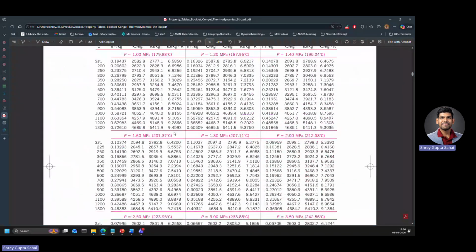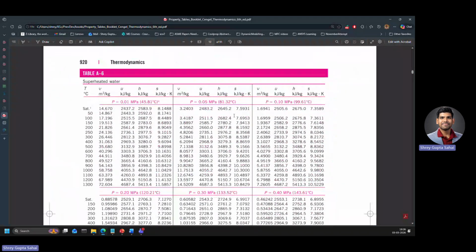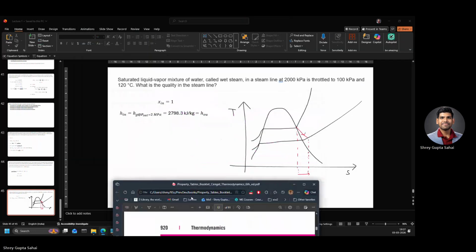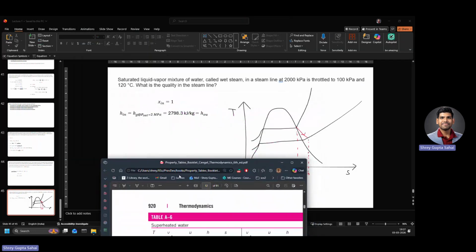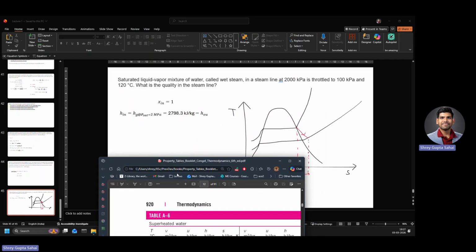Superheated is 0.1 megapascals, and there you have to find H, which corresponds to what? What is the quality in the saturated liquid vapor mixture? Let me think.